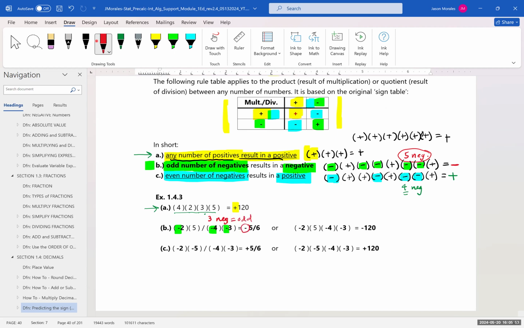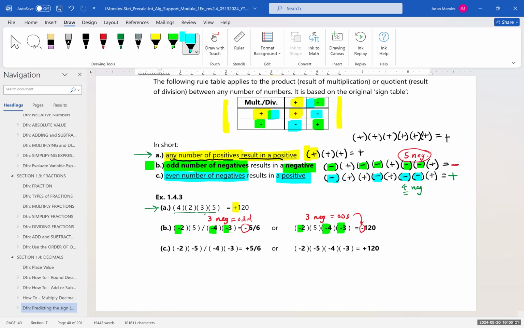So that's going to give us a negative result. And that's with division, but it's also true here with multiplication. So we've got 1, 2, 3 negatives. That's an odd number. So that'll give us a negative result.